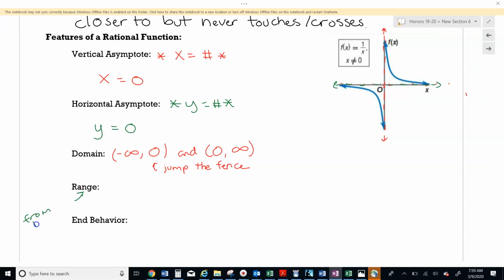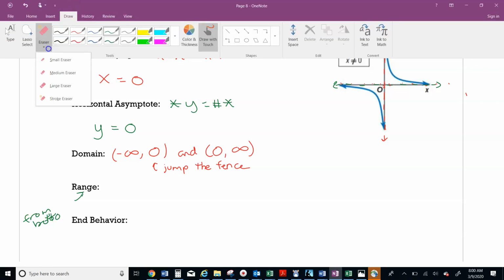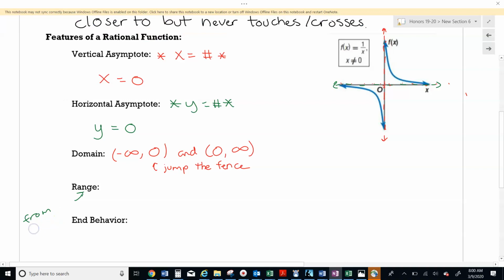That was one of the things we got off on our last one, from bottom to top, right? So I'm going to start at the bottom.